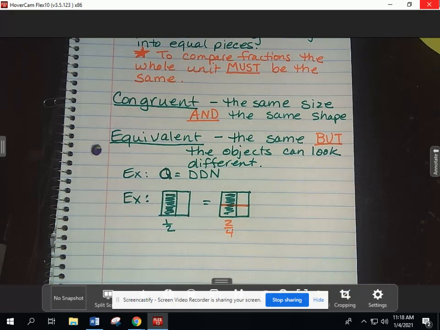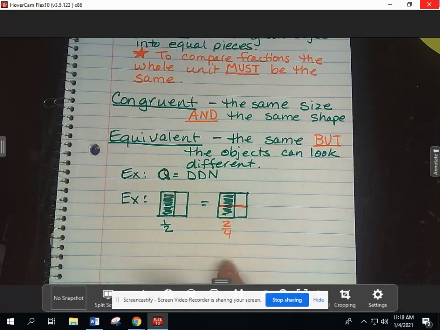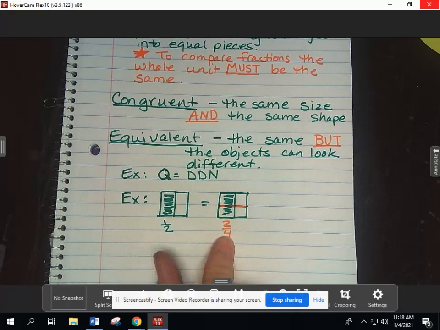They're going to buy you the same amount of stuff, unless it's a gumball machine that only takes quarters. Then you're going to have to trade your money in for a quarter. But still, it's 25 cents. It's 1/4 of a dollar. Here we're showing 1/2. We have 2 different pictures, but I did not change the green at all.